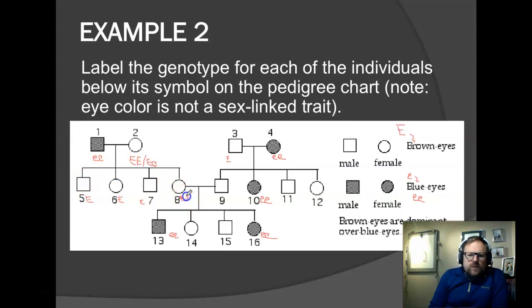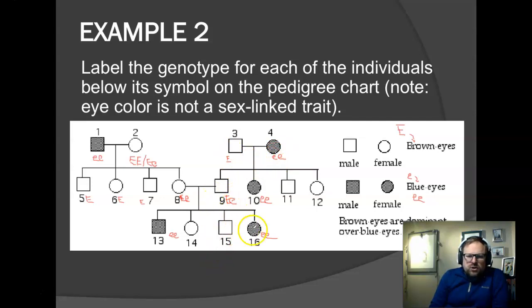We know for certain that this individual here is big E little e, not big E big E, okay? Because they have the little e from this parent and a big E from this parent. We can also be sure here that this individual is big E little e. And why we can be sure of that is they're going to have a little e from this parent and a big E from that parent.